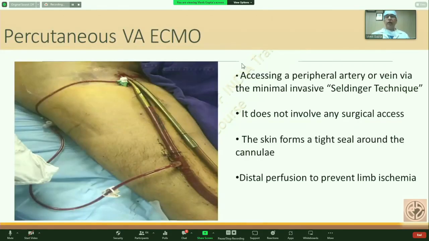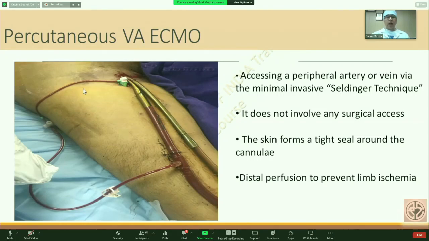Percutaneous technique is accessing the peripheral artery and vein with the minimally invasive Seldinger technique. You can see in this diagram, it has been placed percutaneously, so it does not require any surgical access. You can achieve it very, very quickly. And you can appreciate that the skin has made a tight seal, so there is minimal bleeding, because there is no leak from the vessel, and minimal blood loss.